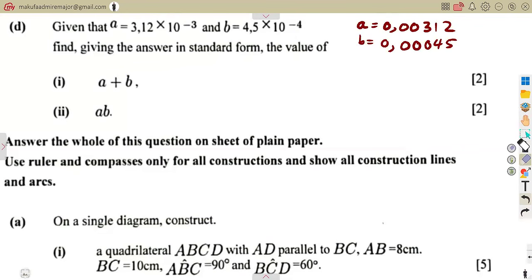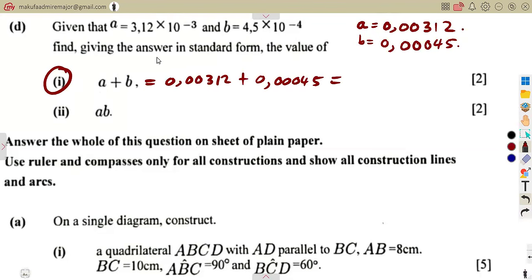So the question was to find the sum of these two, A plus B, the first one. So A plus B is simply adding these two. That is 0,00312 plus 0,00045. Do not worry about the order, because it's proper to add using your calculator. That was going to be 0,00357.